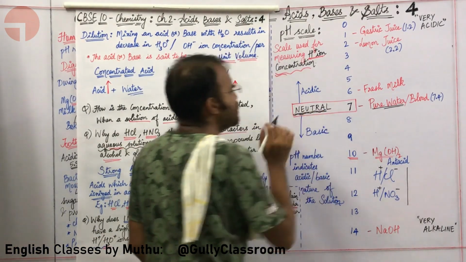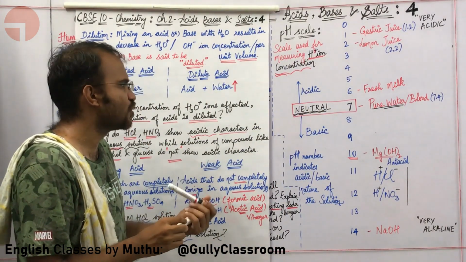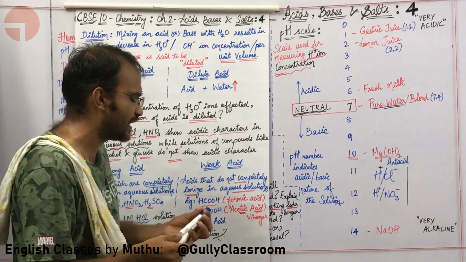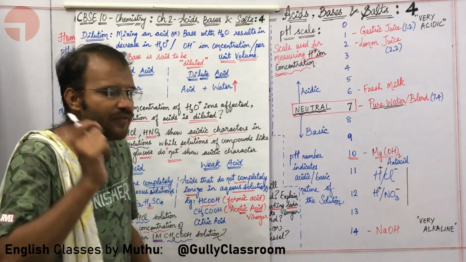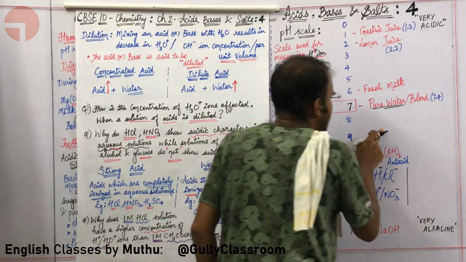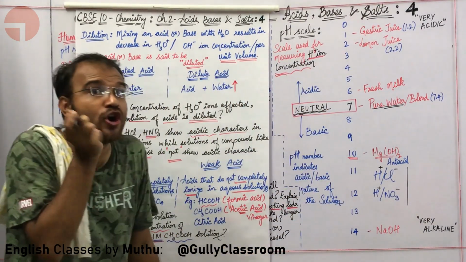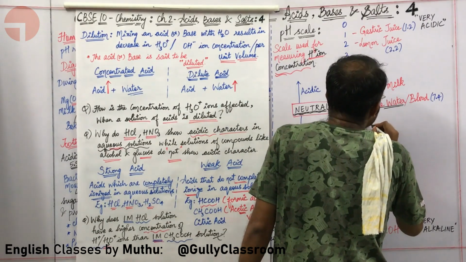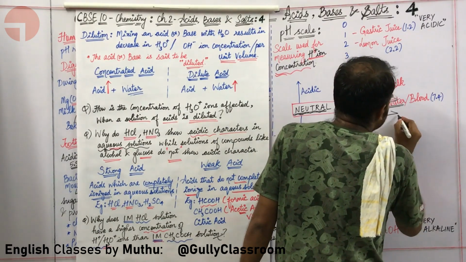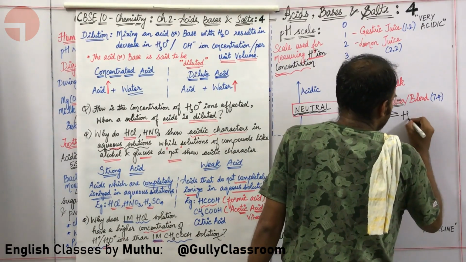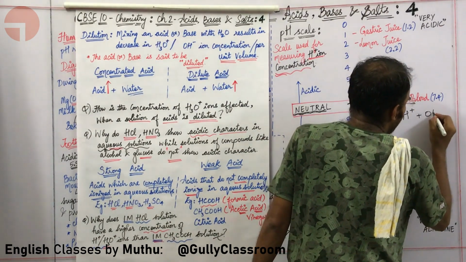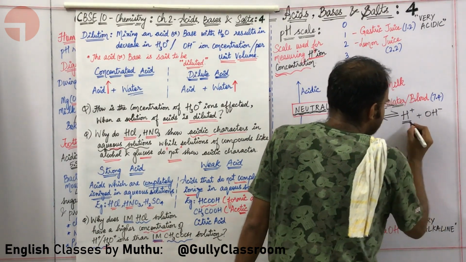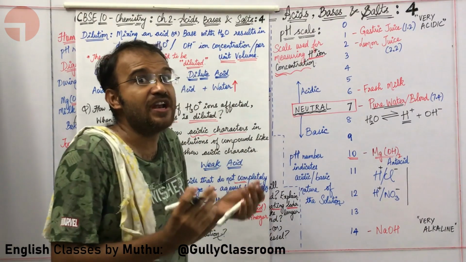What is the meaning of neutral? In order to understand the meaning of neutral, let me recall a very small topic that I have already taught you. Auto-ionization of water. What is auto-ionization of water? Water automatically breaks to form H plus and OH minus ions. This H plus ion will not be alone.